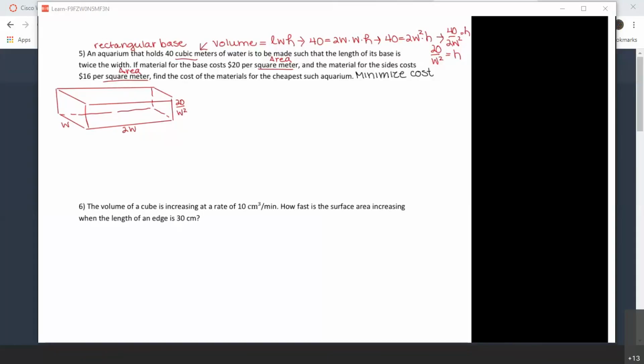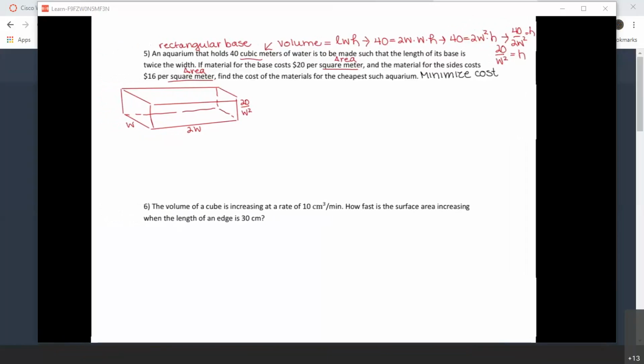So cost depends on surface area. Remember, the sides of this thing are cheaper to build than the base that's sitting on the floor or the table or whatever. So let's figure out expressions for area.